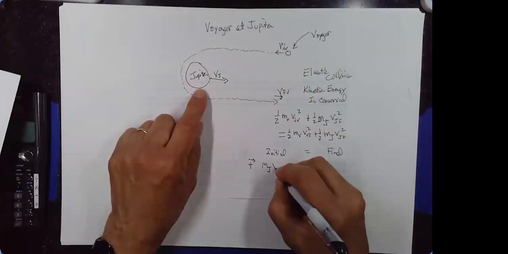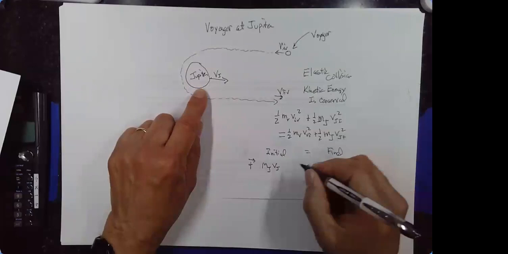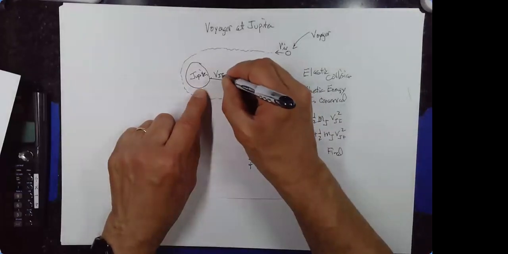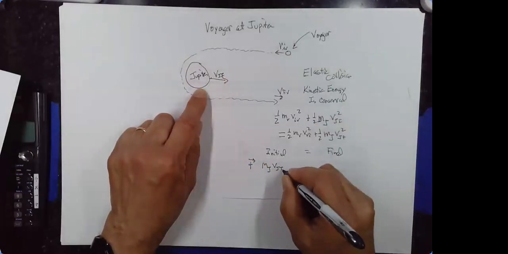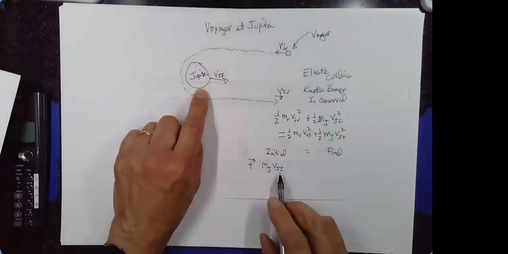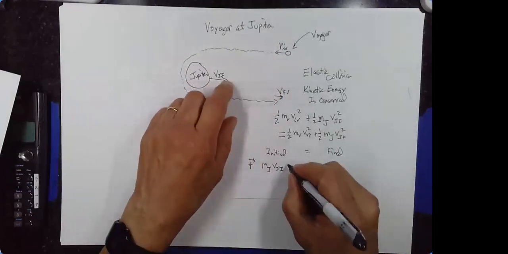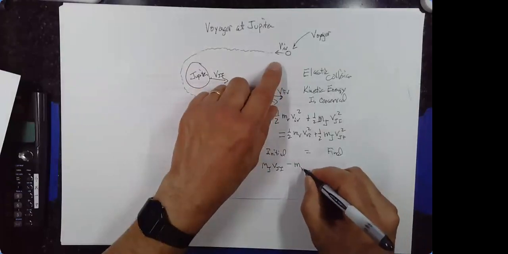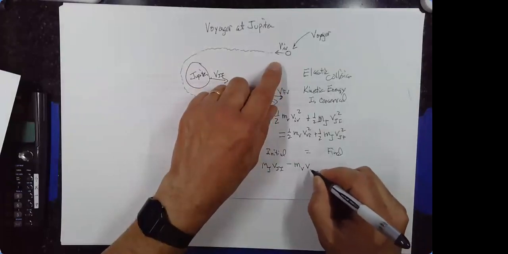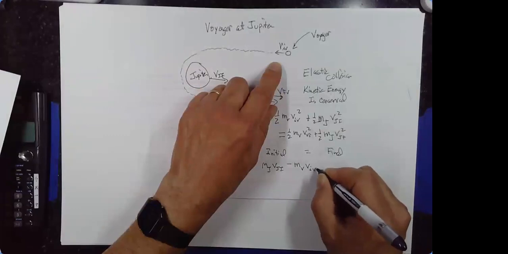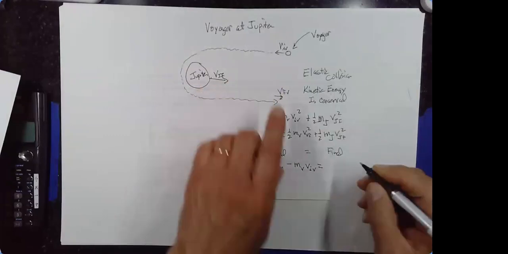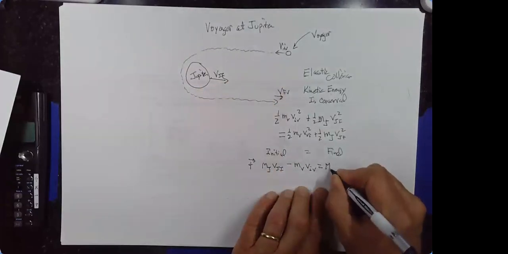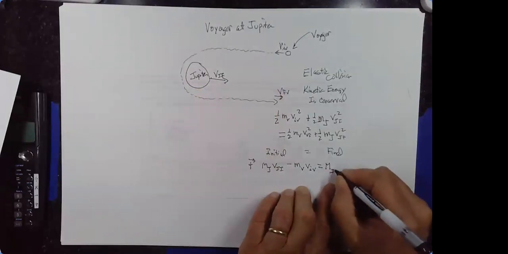Anyway, times V Jupiter initial. That's positive momentum minus the mass of Voyager, V initial for Voyager, will equal the mass of Jupiter, V Jupiter final.